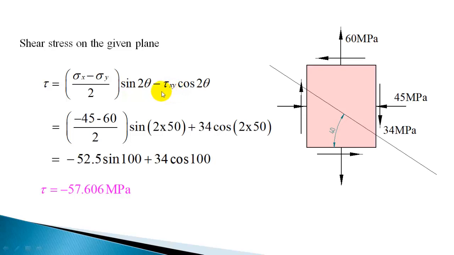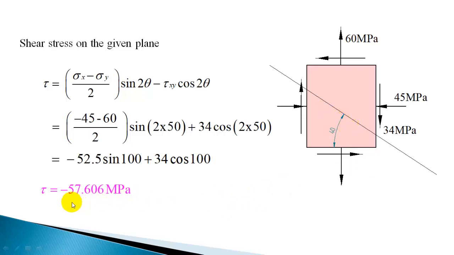Tau xy is minus 34, so minus of minus it will make plus, plus 34 cos 2 into 50. So that will give tau as minus 57.606 megapascal. So that is a shear stress acting on this plane.